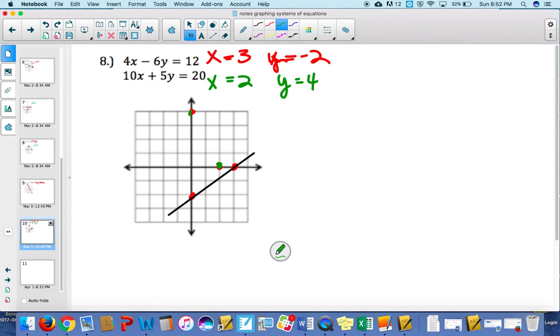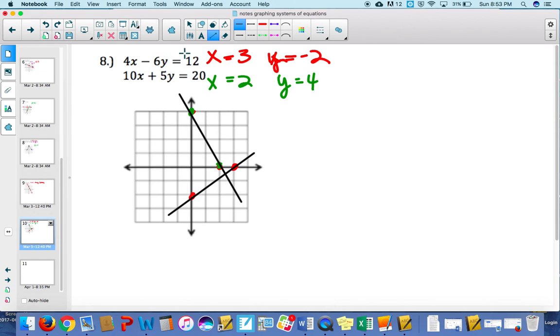And we are right here, and we are going to notice that we have an intersection that is not a perfect intersection.